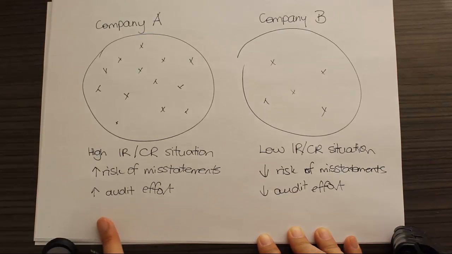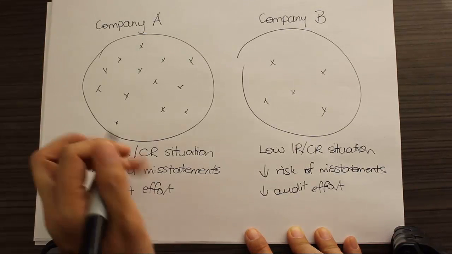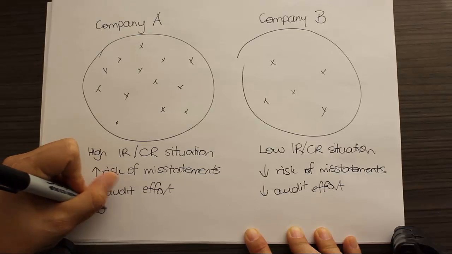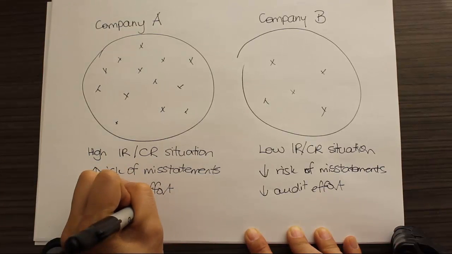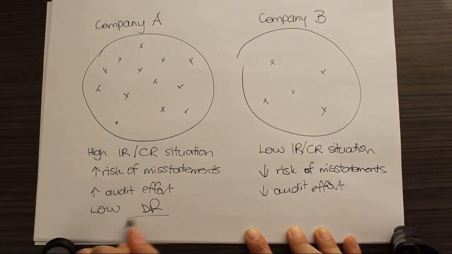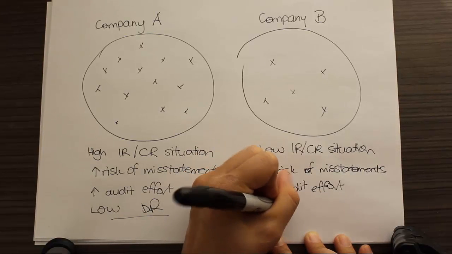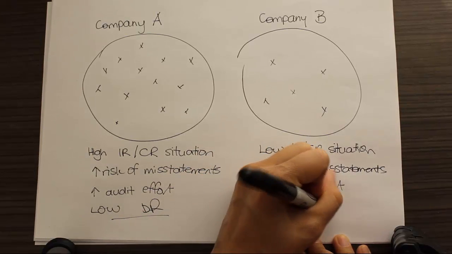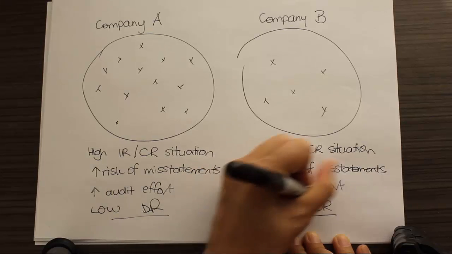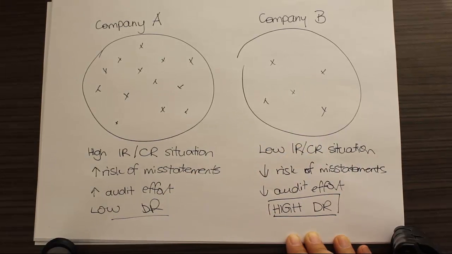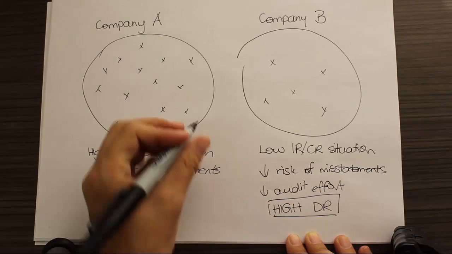Okay, so with Company A, we need to have low detection risk. And in Company B, we have high detection risk. So what do those two options mean? Low detection risk means low risk of not detecting a material misstatement, which means the opposite is true.